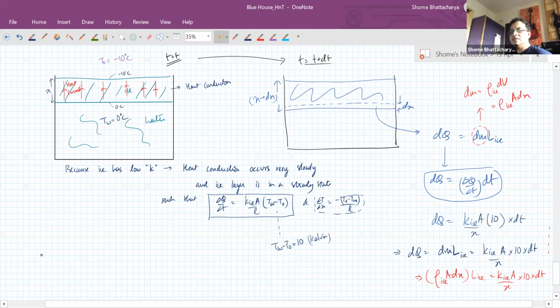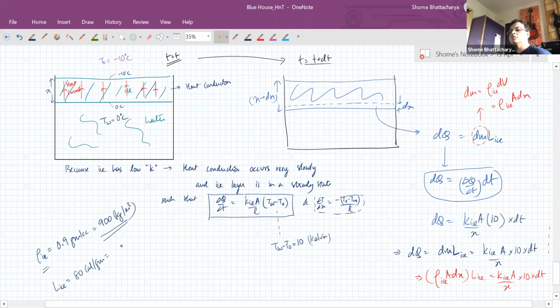So first of all, density of ice is 0.9 gram per cc, which when we convert to SI unit, will be taken as 900 kg per meter cube. So this is the value that we'll use for density of ice. Latent heat of ice, as we already saw, is 80 calories per gram.